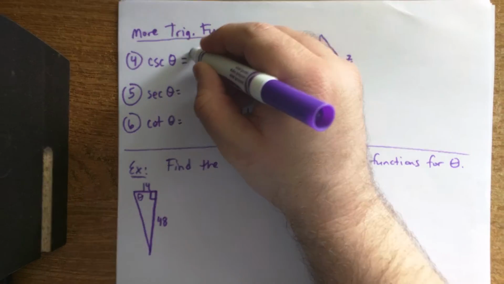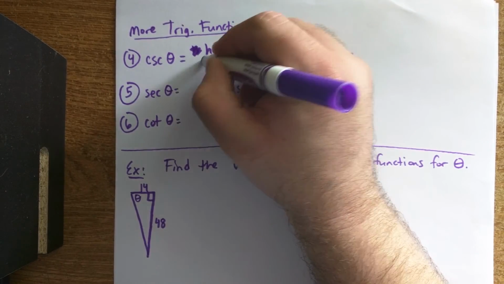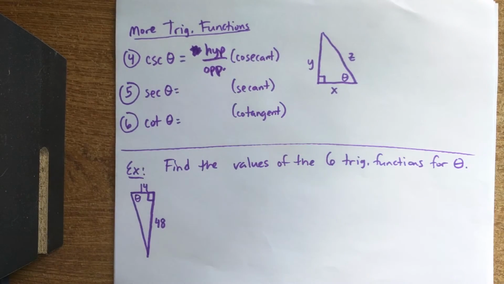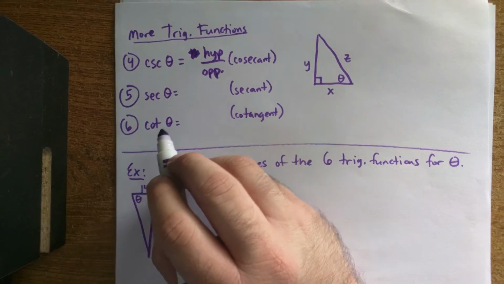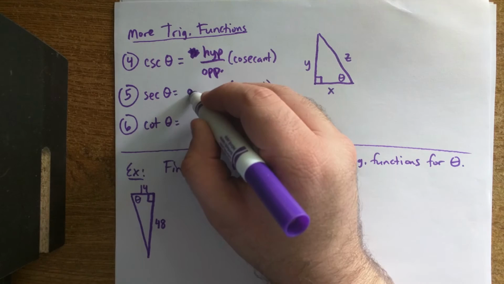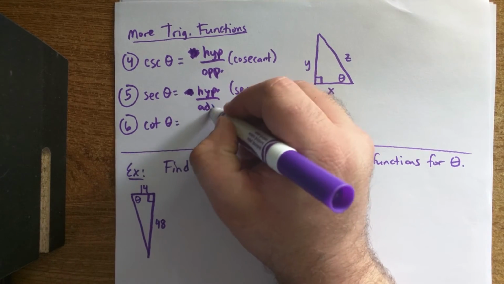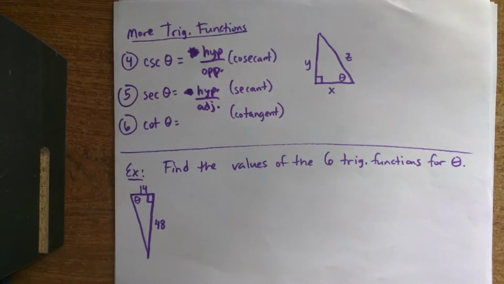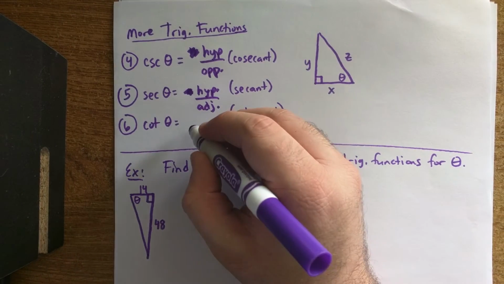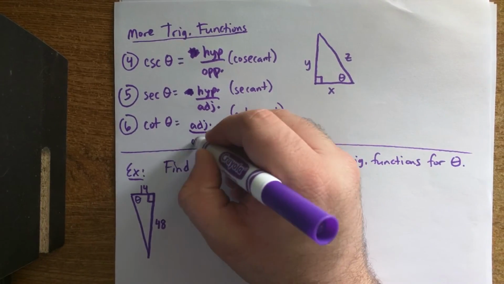It's hypotenuse over opposite. Secant is your hypotenuse over your adjacent. And your cotangent is your adjacent over your opposite.